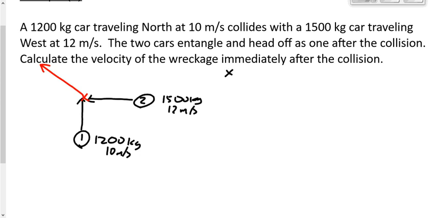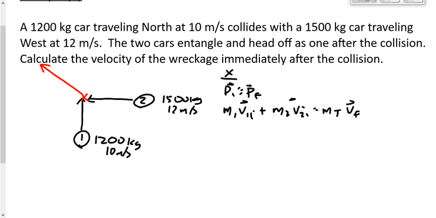Let's do our X and Y components now. We have two objects, so this is what it looks like. M1 is 1200. What's V1I? Tyler, how much of that 10 meters per second for object number 1 is on my x-axis? Right, correct.